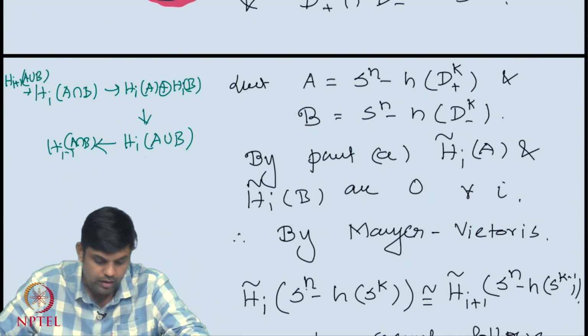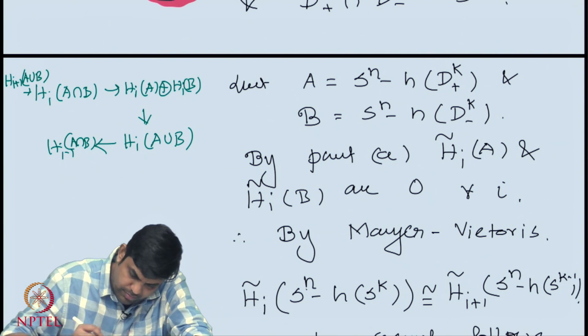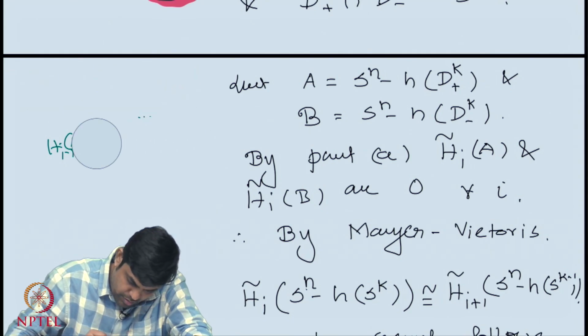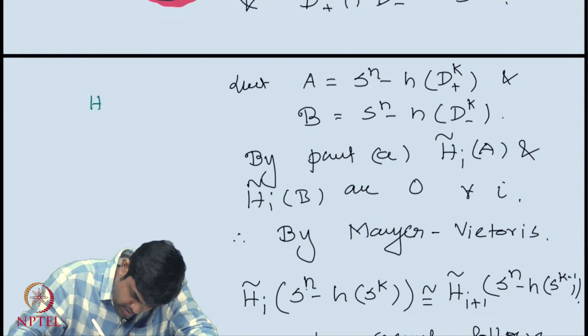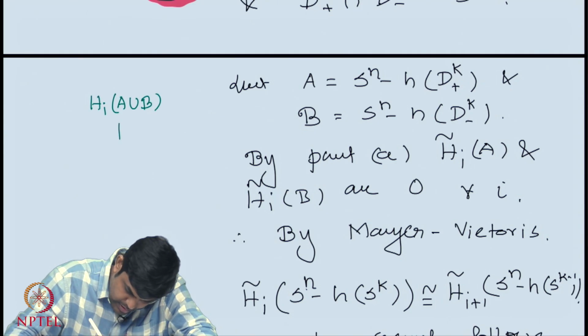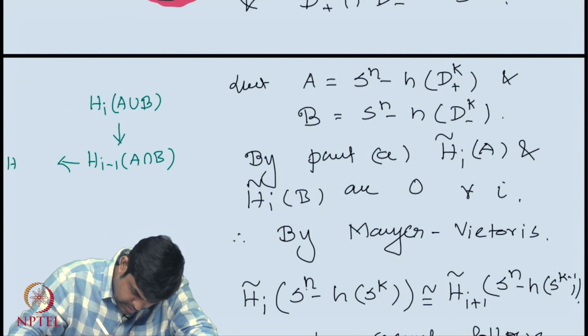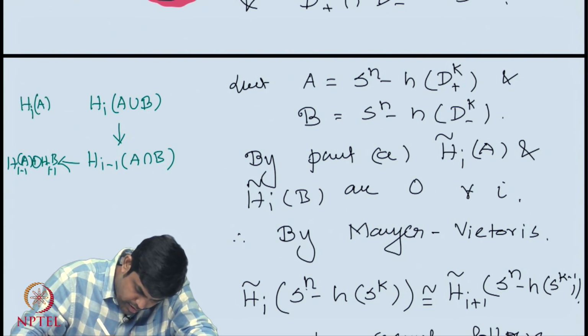Okay. Right. And here I have written the wrong part of the sequence. So, let me write down the correct part of the sequence. I have Hi of A union B here, and then I have Hi minus 1 of A intersection B. This is Hi minus 1 of A direct sum Hi minus 1 of B, and here you will have Hi of A direct sum Hi of B. Okay.